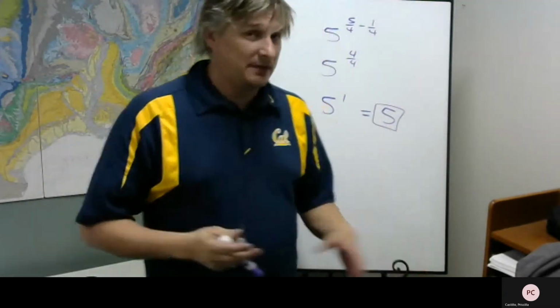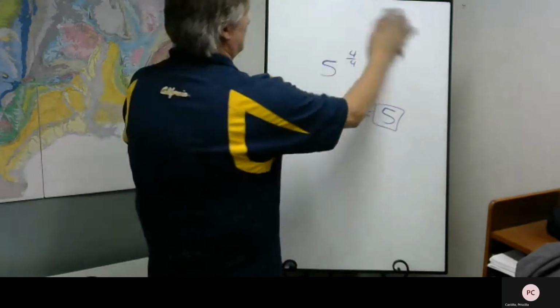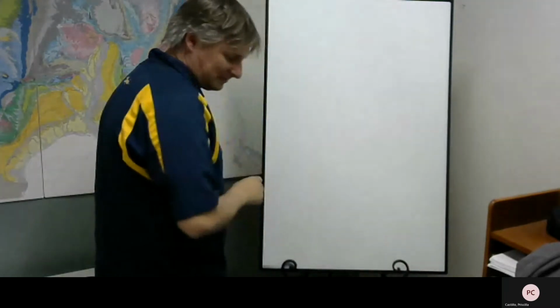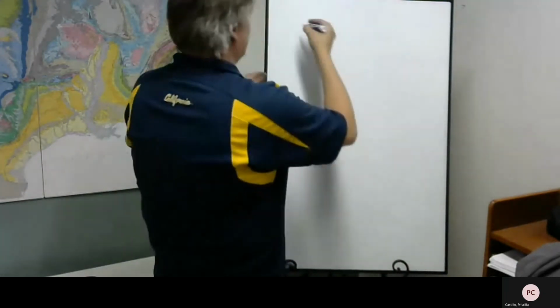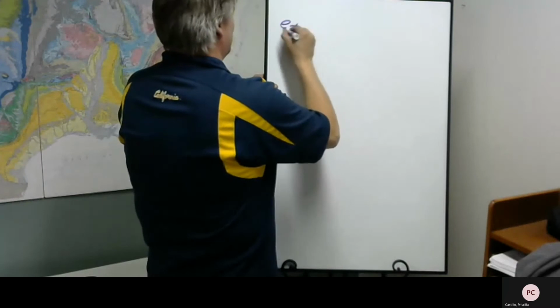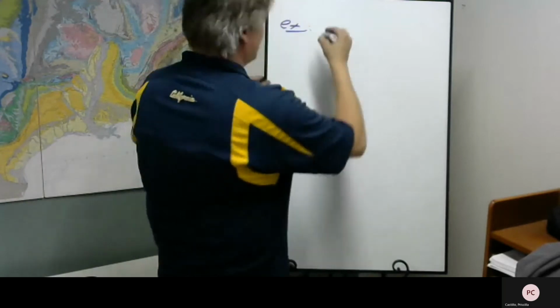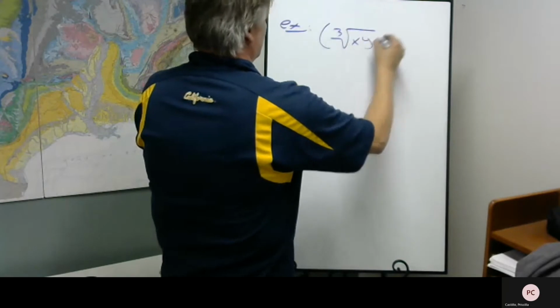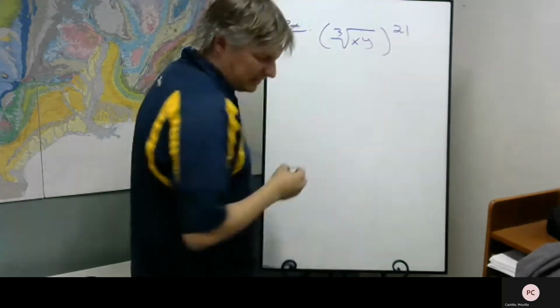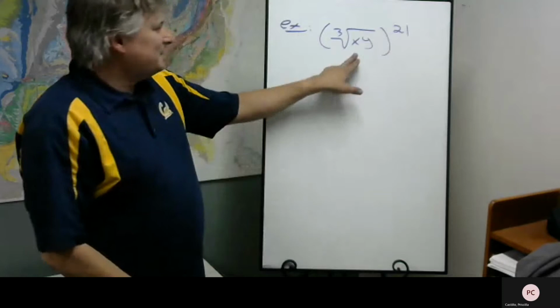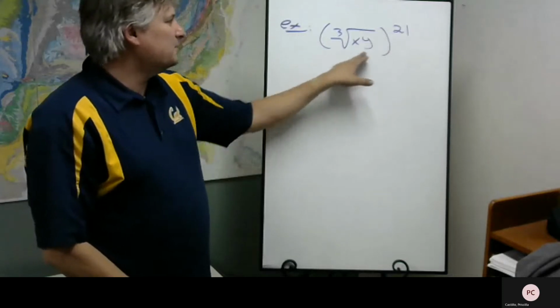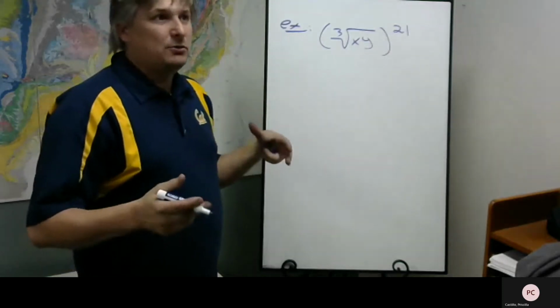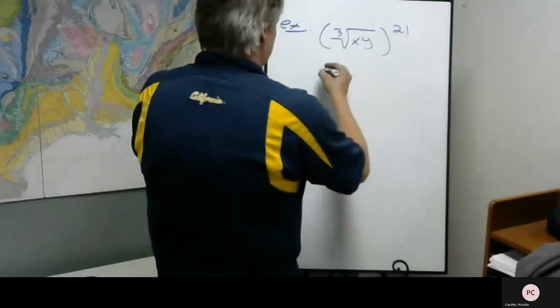Now, let's say you have something like this. Now, again, on the inside here, let's convert this out of a root into a rational exponent.